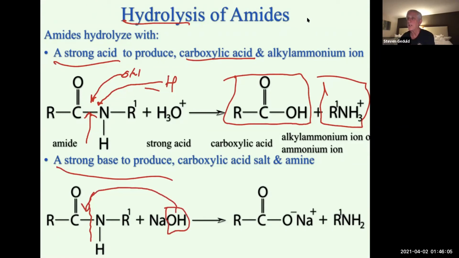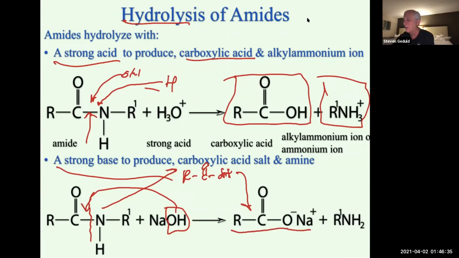So the carboxylic acid is going to donate that hydrogen back again to the amine group, and you get your Na plus. So you formed your acid. As an intermediate step, you formed RCOOH, and then it lost that hydrogen because it's in a basic solution. Remember, acids donate protons, bases accept them. So it donates its proton because it's in a basic solution, and it forms the carboxylic acid salt.